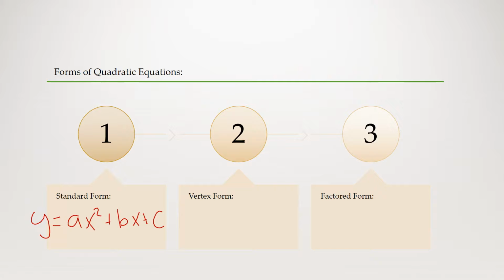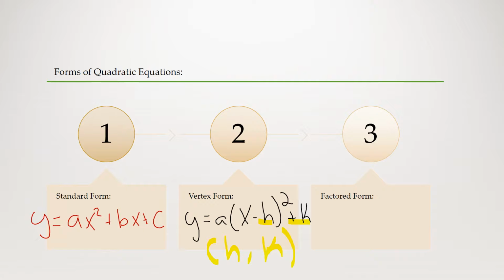The next form we have is vertex form, which is y equals a(x minus h) squared plus k. This form is very useful, especially if you're trying to find the vertex of the graph, which can be seen from its vertex form, and it's simply (h, k).